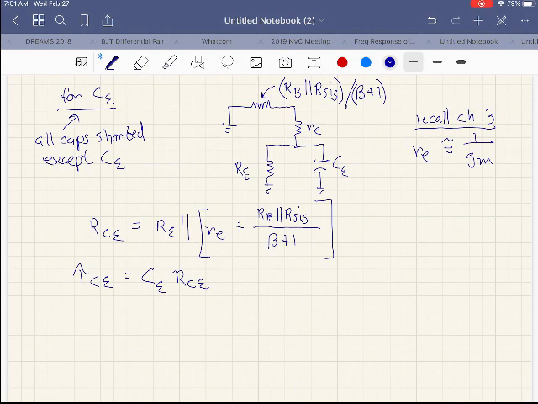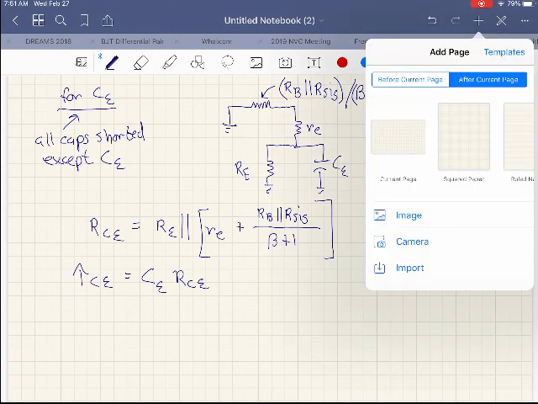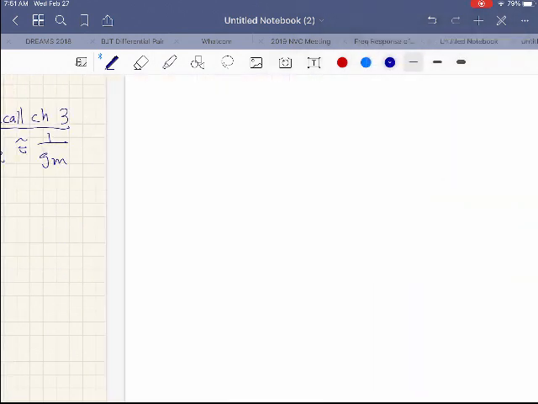Okay, so let's look at CC2 now. New page.